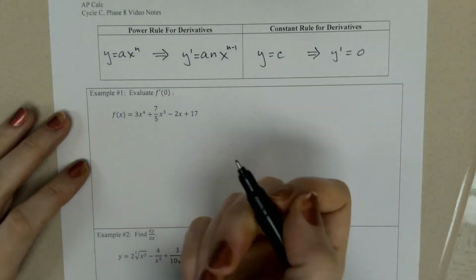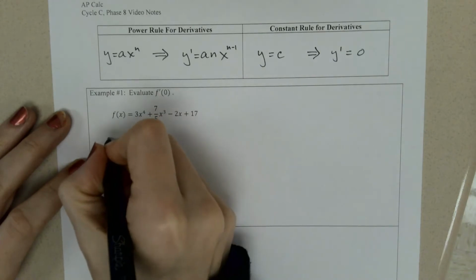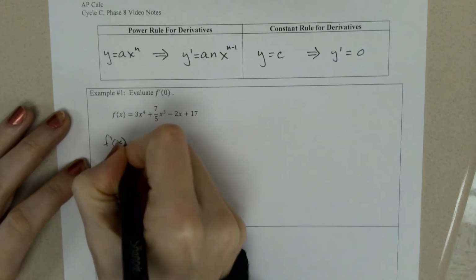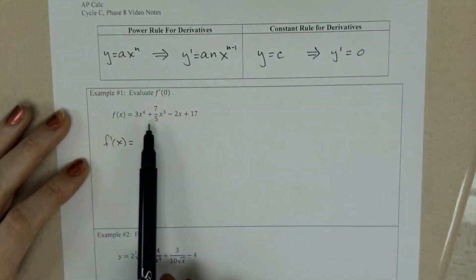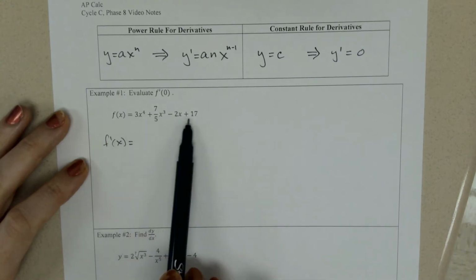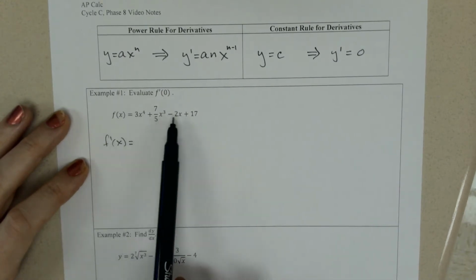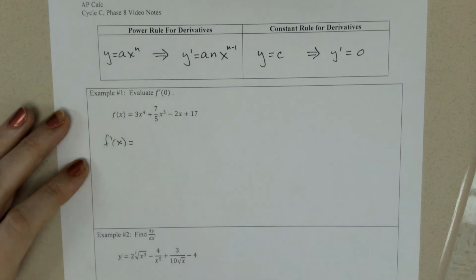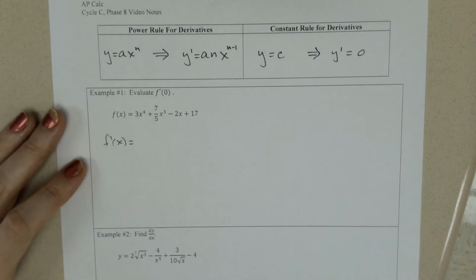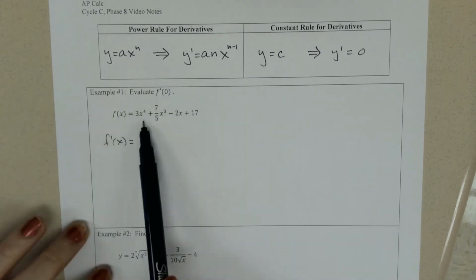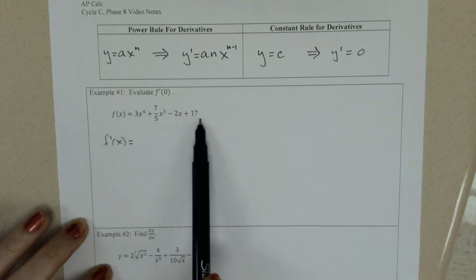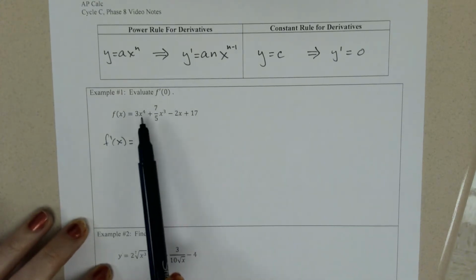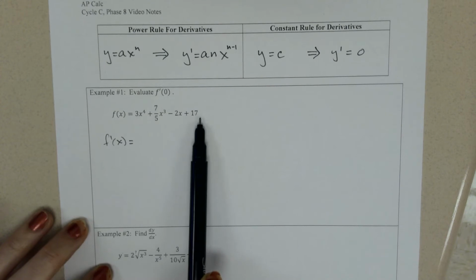So we go f prime of x equals. Now, guys, this has how many terms? 1, 2, 3, 4 terms. And the thing about derivatives is that taking the derivative of a whole big function is the same as taking the derivative of its terms separately.